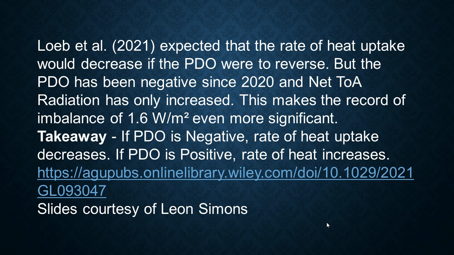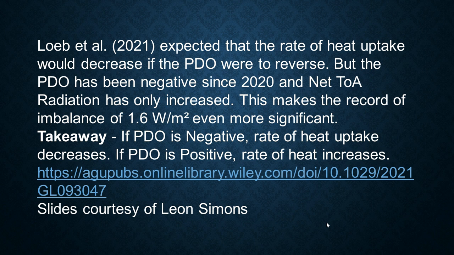Now, this gentleman here, Loeb, in 2021, expected the rate of heat uptake would decrease if the PDO, the Pacific Decadal Oscillation, were to reverse. But the PDO has been negative since 2020, and the net TOA radiation has only increased. This makes the record imbalance of 1.6 watts per square meter even more significant.